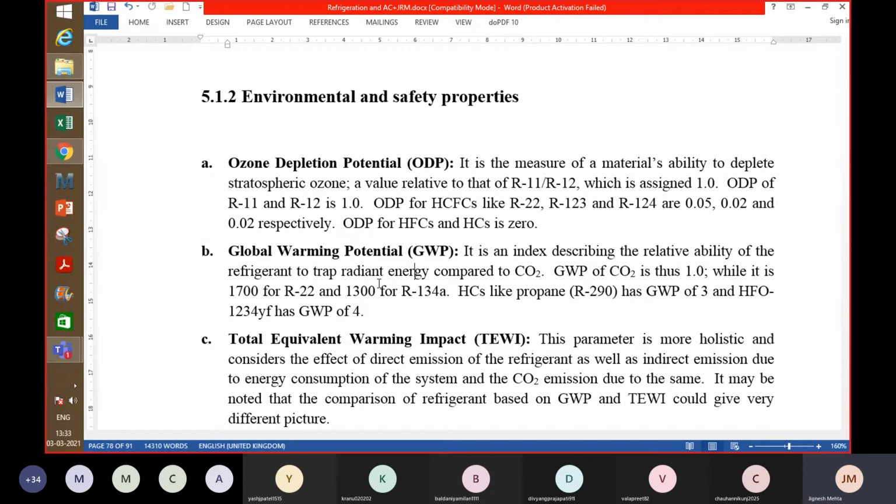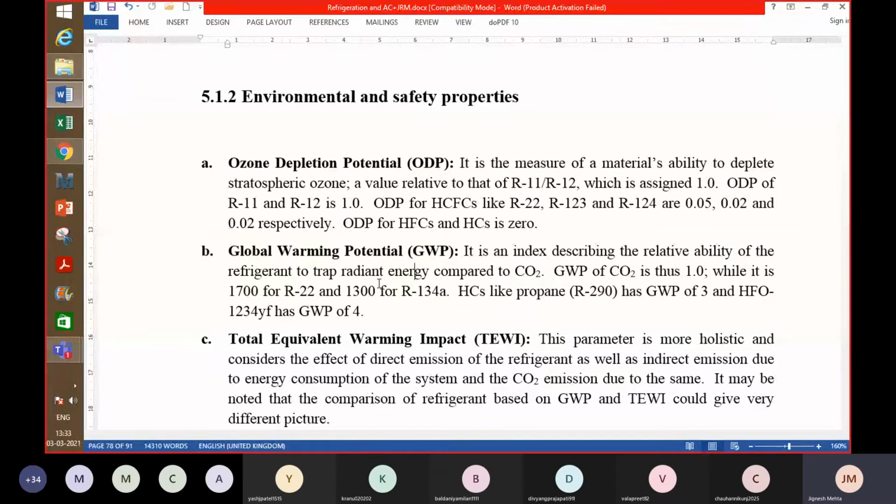Right? So it may be the case that the refrigerant has high GWP, but thermodynamically it is very superior and provides you high COP. In that case, your system will consume less power, and less power consumption means less requirement of power from the power plants which are producing CO2.